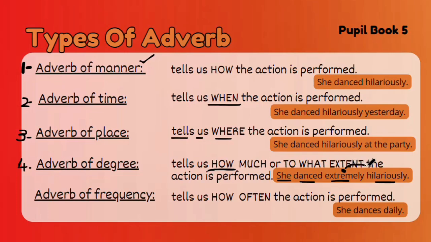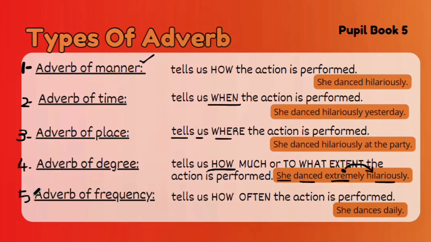So, here this adverb is describing hilariously, that is another adverb, but it is also telling us about the degree of this. Extremely injured, extremely hilarious, seriously ill, extremely busy, extraordinarily smart. So, if there are words that are explaining or describing the degree of a verb, an adverb, or an adjective, you will consider them adverbs of degree, right?